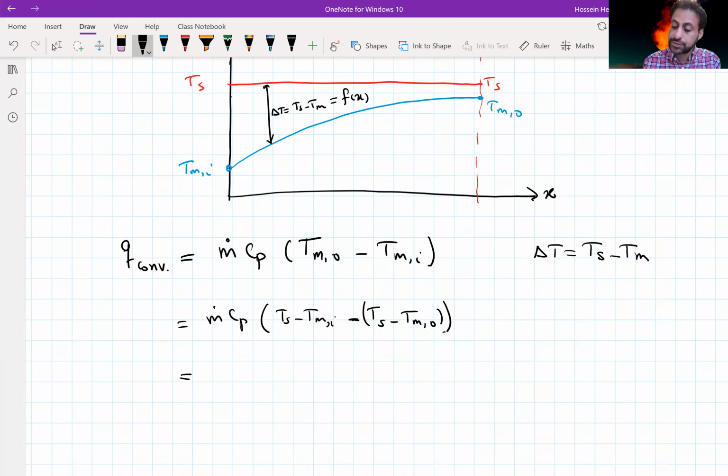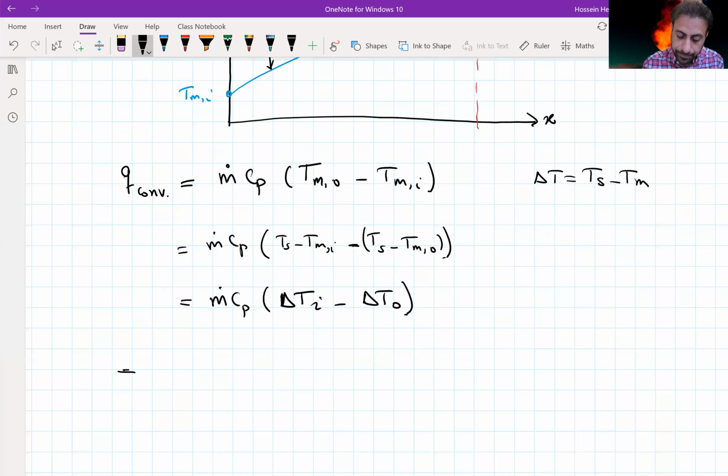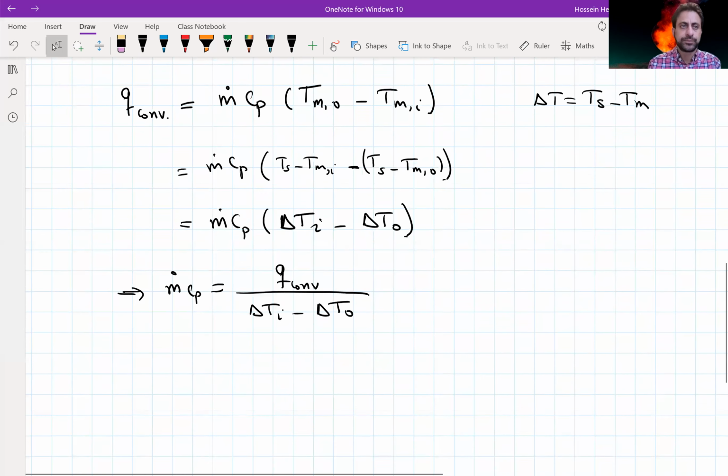I'm just adding and subtracting Ts on the right hand side. So it's going to be m dot Cp (delta Ti minus delta To). That's one of them. And from here I can get m dot Cp. So m dot Cp is going to be Q convection divided by (delta Ti minus delta To).